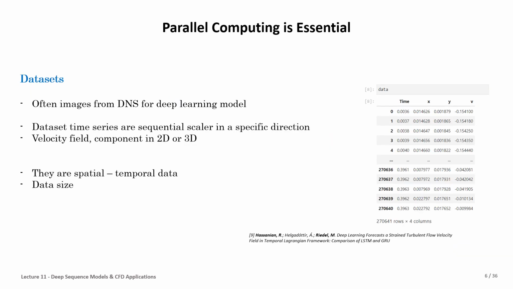Here we can see the presentation of the data. We can see the time, x location, y location, and v, which is the velocity in the y direction. Particularly in our study, we designed an LSTM model and a GRU model to predict every component of the velocity individually. That means when we have 2D, we can make a model for prediction of the velocity in the x and y direction individually.